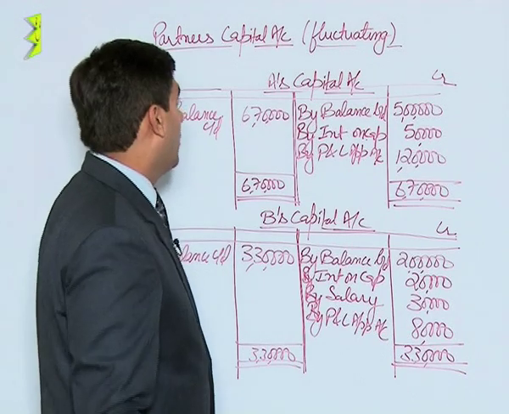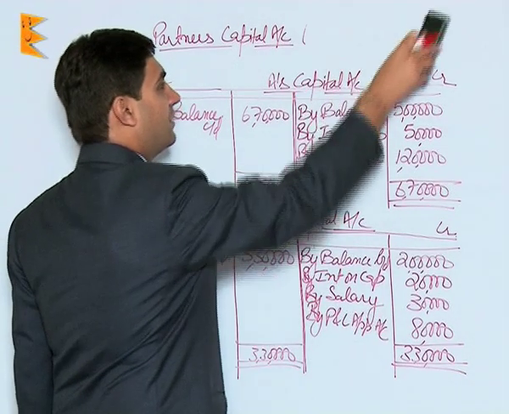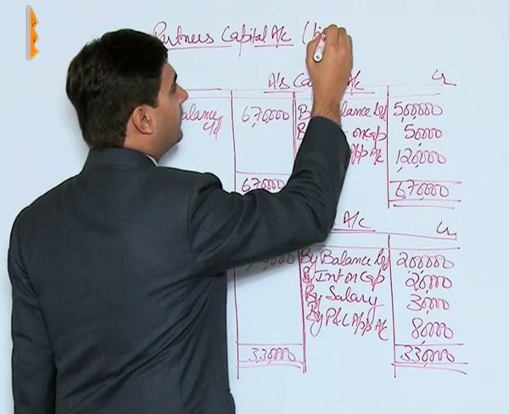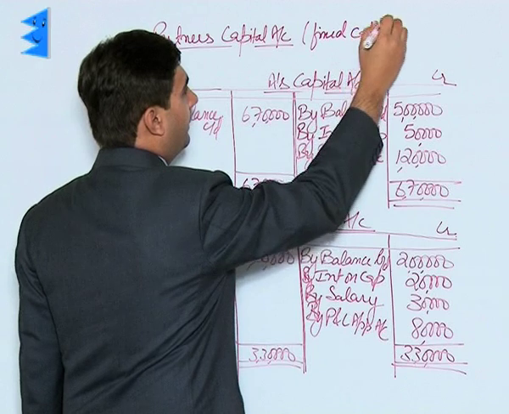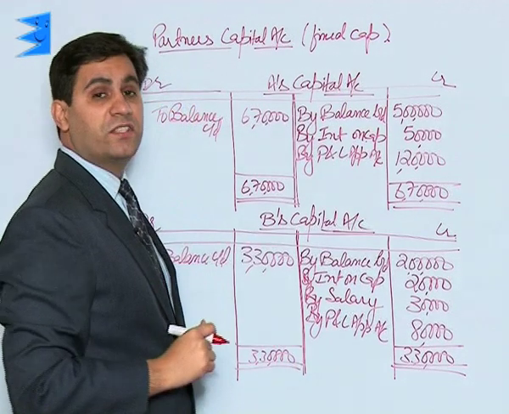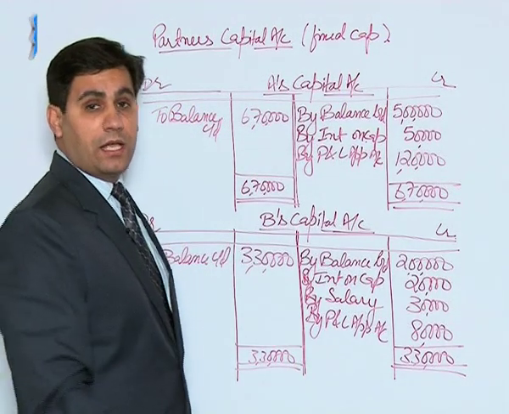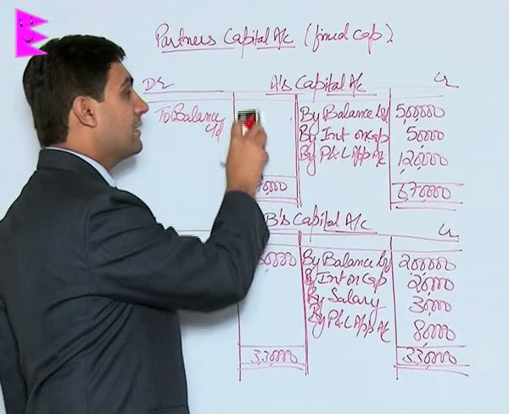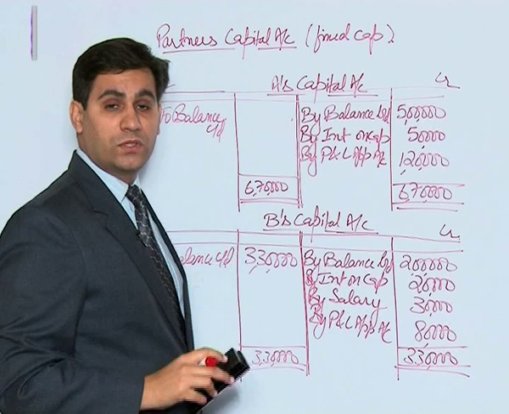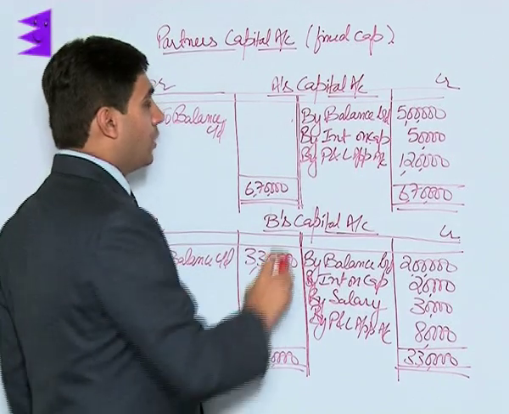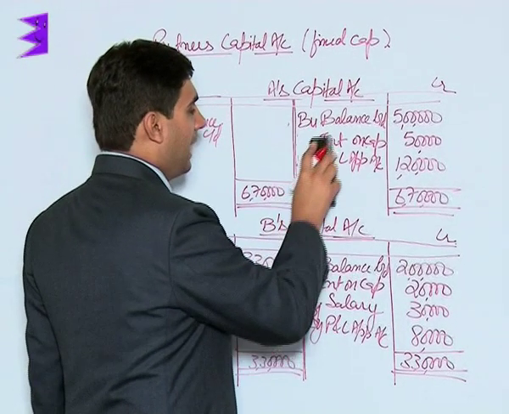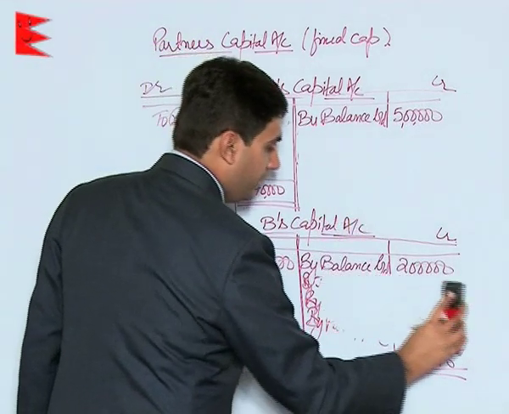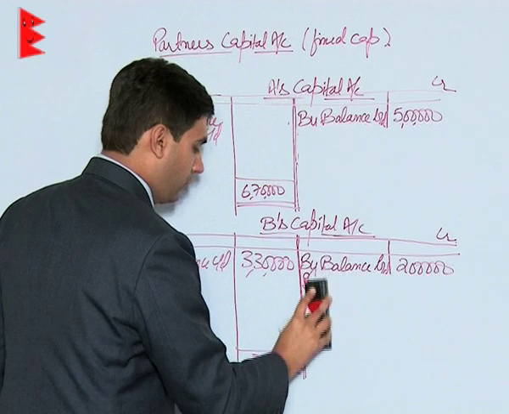So students, what I am going to do is just make certain changes here to convert it into fixed capital method. Now in case this is fixed capital, then the accounts would be prepared as A's capital and A's current account. That means two accounts for each partner. And the capital account would appear as rupees 5 lakh only, and for B it would appear as 2 lakhs only.